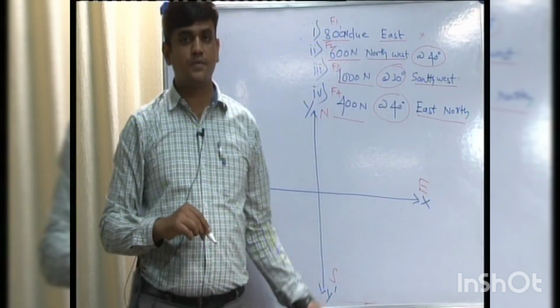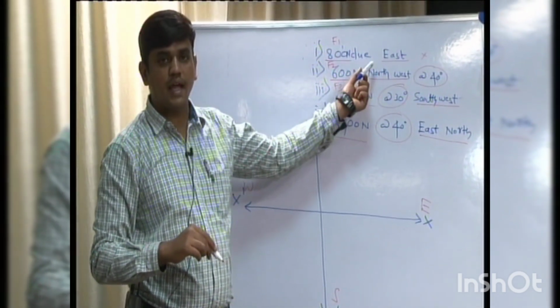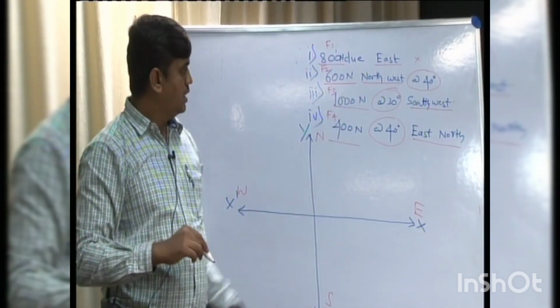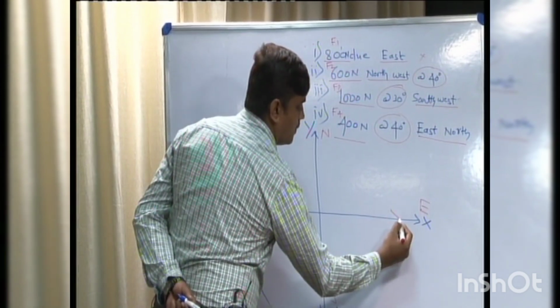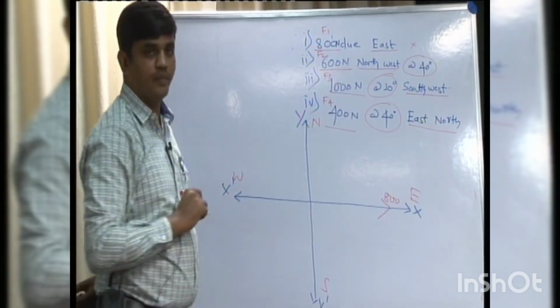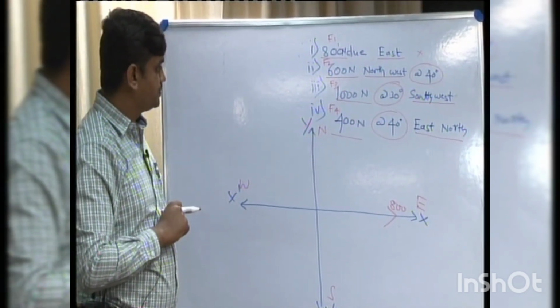Let us mark the first force 800 Newton due east. Here the angle is not mentioned. Please observe carefully: 800 due east means the force of 800 makes no angle with the east. That is a force. There is no angle.